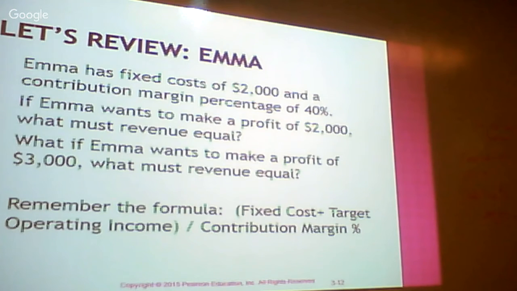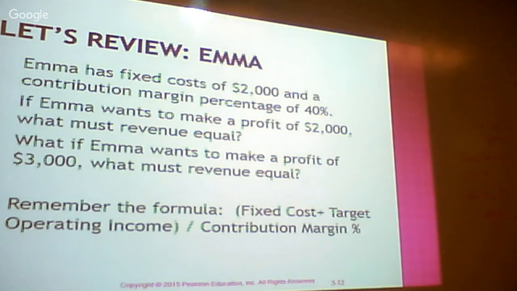If Emma wants to make a profit of 2,000 and a profit of 3,000. Okay. And then it talks about what's the formula.